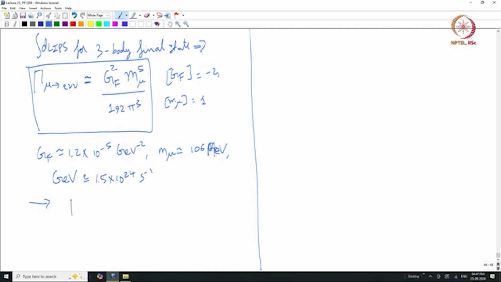Putting all this in, you are going to get the muon decay rate to be 2.6 times 10 to the power 5 inverse seconds.